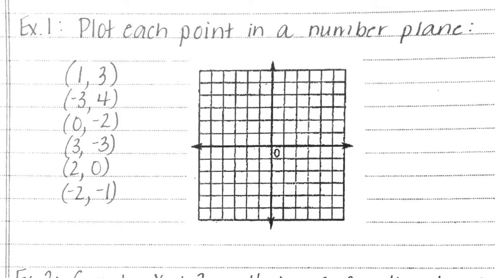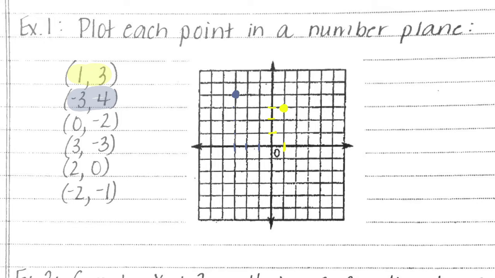So the first thing says to plot each point in a numbered plane. If I'm graphing 1, 3, remember I'm going 1 to the right and up 3, and that is the graph in yellow. -3, 4, I'm going to go left 3 and up 4.